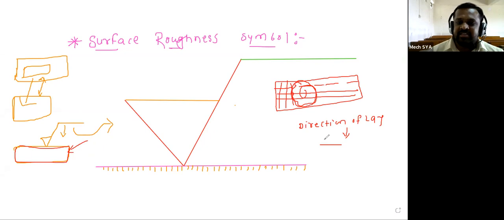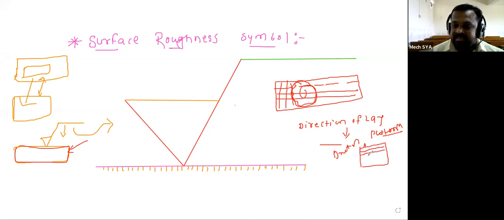Understood? Direction of lay is nothing but it will show the pattern of irregularities. Whether that pattern is parallel. म्हणजे बघा जर irregularities अशा ही सरफेस आहे, त्या सरफेसला जर अशा पॅरलल असेल, we can say the direction of lay is parallel.